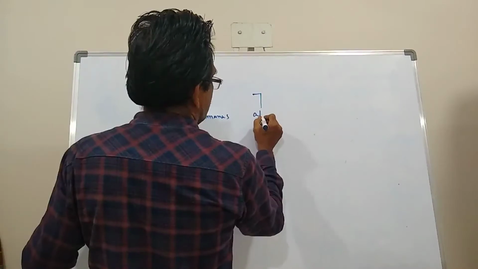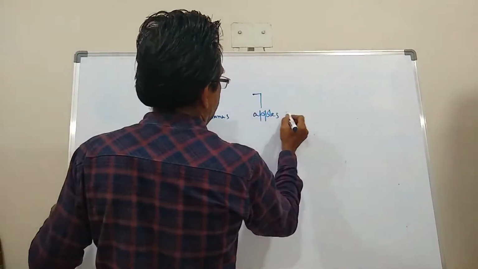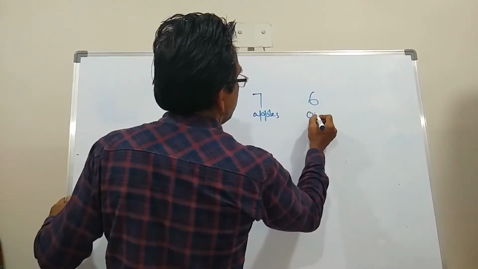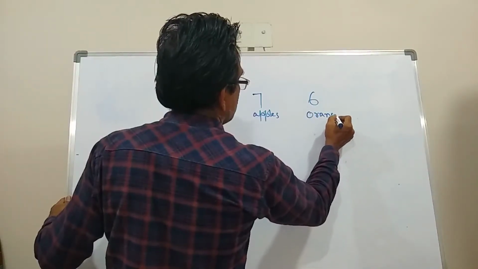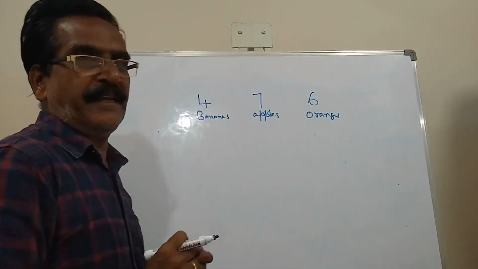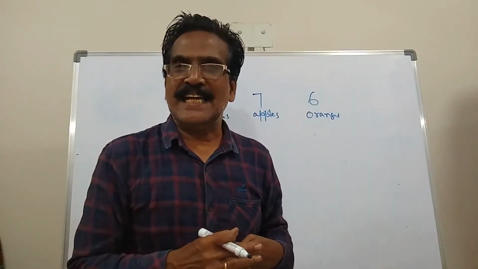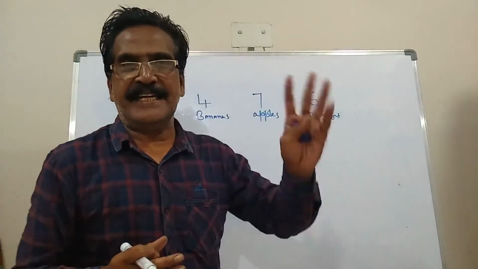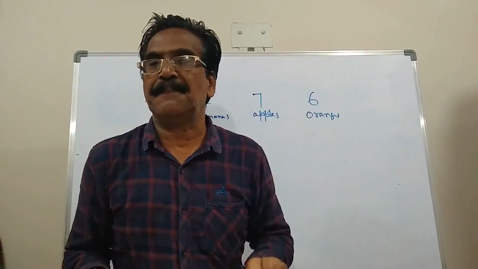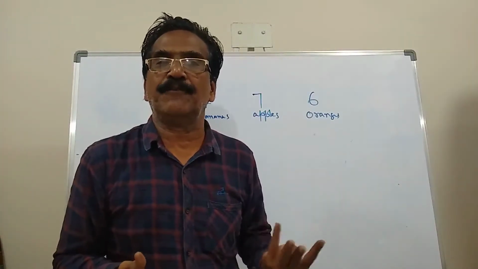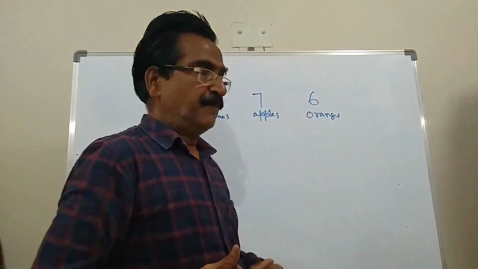In how many ways can a person make a selection of fruit from the basket?